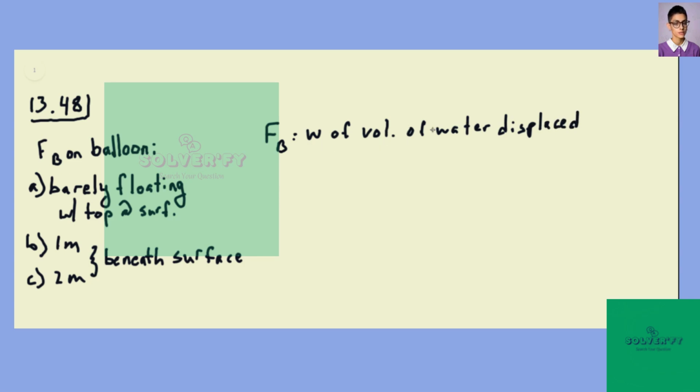So the first thing it told us to think about is what happens to the volume of the balloon. Unlike water and other fluids, air and other gases are compressible.